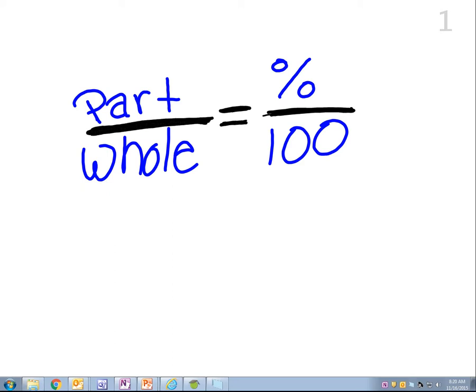This is going to be your friend. We're going to be using this a whole bunch. Part, whole, percent, over 100.